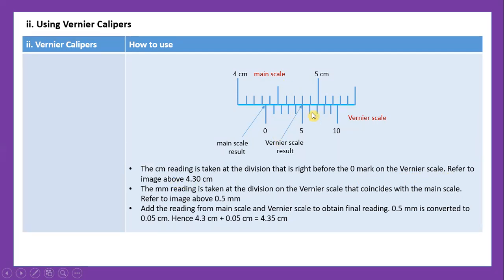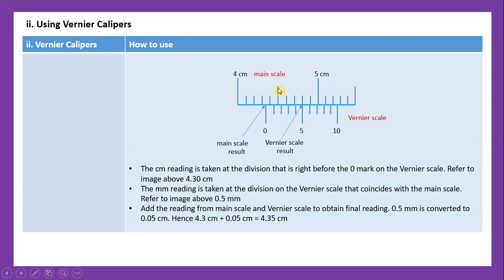If you look at the main scale, the reading is 4.3 cm. So the top part refers to the cm value, while the bottom part refers to the mm value. But remember, when you want to add up the values, you have to translate them into the same unit.